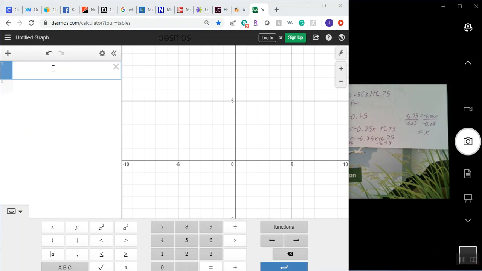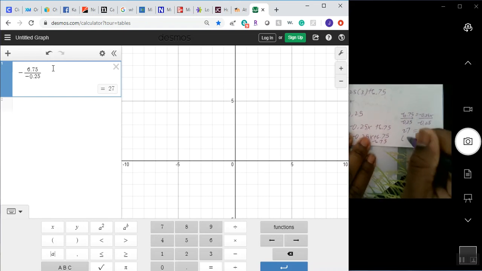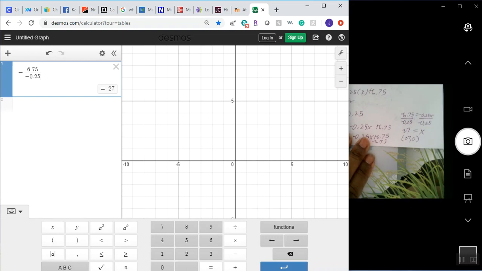On Desmos, we would type in negative 6.75 divided by negative 0.25, which would give us 27. So 27 is equal to x. So our x-intercept would be 27, 0. That would be our x-intercept.